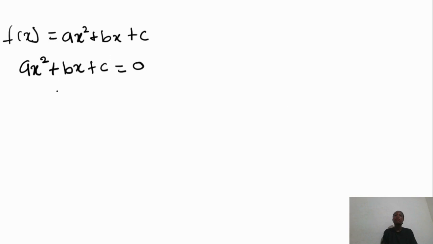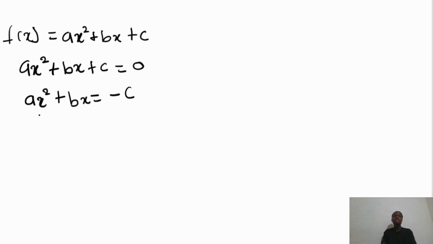Now, when we are using completing the square, you are supposed to send the constant to the right hand side. So we are going to get ax squared plus bx equal to negative c. The next thing is to ensure that the coefficient of x squared is 1.